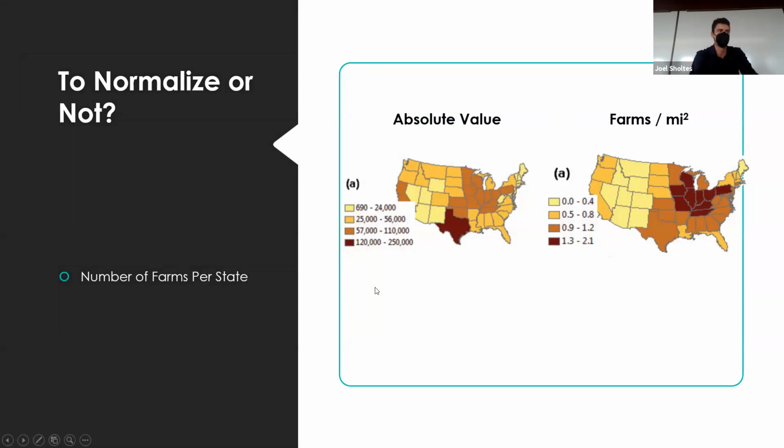Here's the absolute value of farms, and here's farms per square mile. And you can see that when we normalize, we get a much different picture. Texas has a ton of farms, but if you normalize, sorry, Texas, you're not the best. Some of these actually have a lot more farms per square mile than some other states.